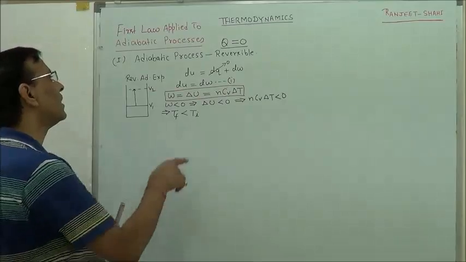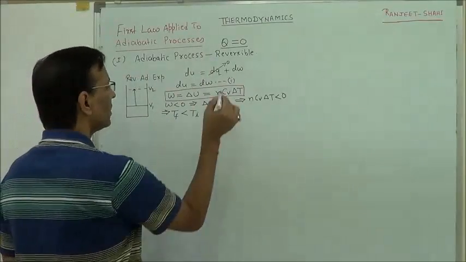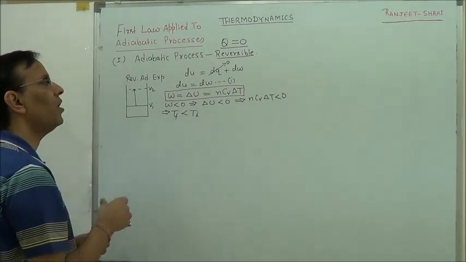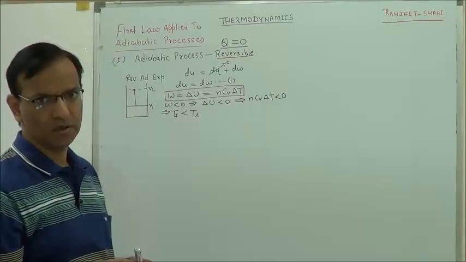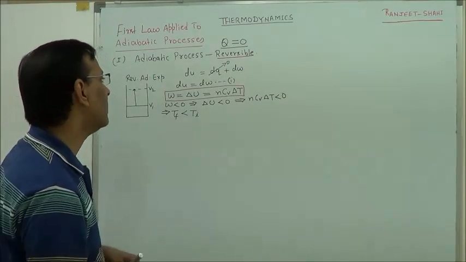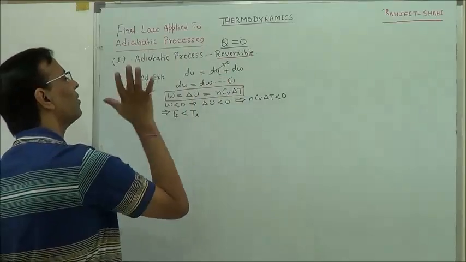If the process is reversible, we need to derive a relationship between P, V and T in adiabatic process, and that is derived using this equation number 1.